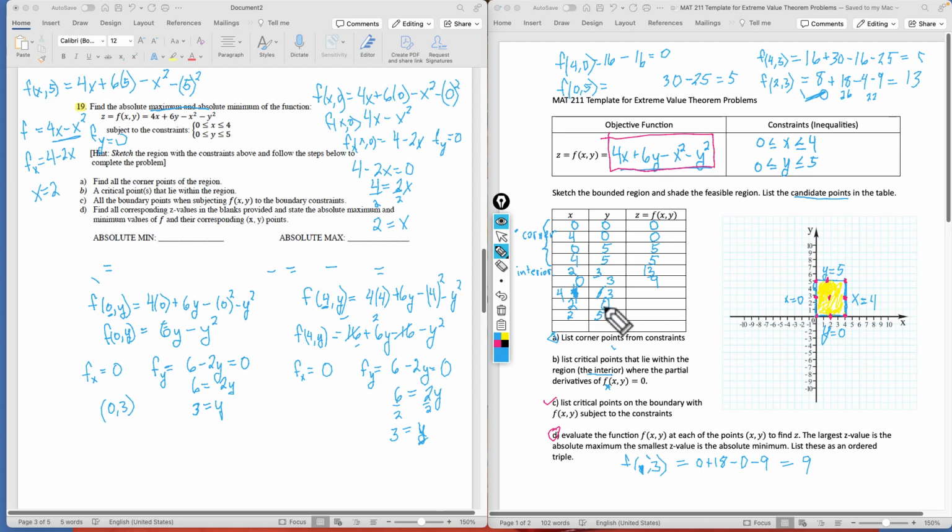Let's keep going. 4, 3 is a potential, so we go with f of 4, 3. And we know when we plug in 4 for x, we're going to get 16, positive 16. Plug in 3 for y, we're going to get 18. 4 squared is 16, so we get a minus 16, so those guys kind of cancel each other out.